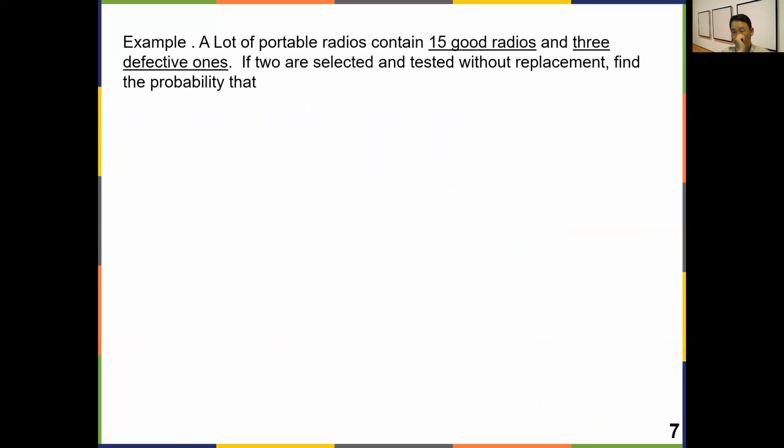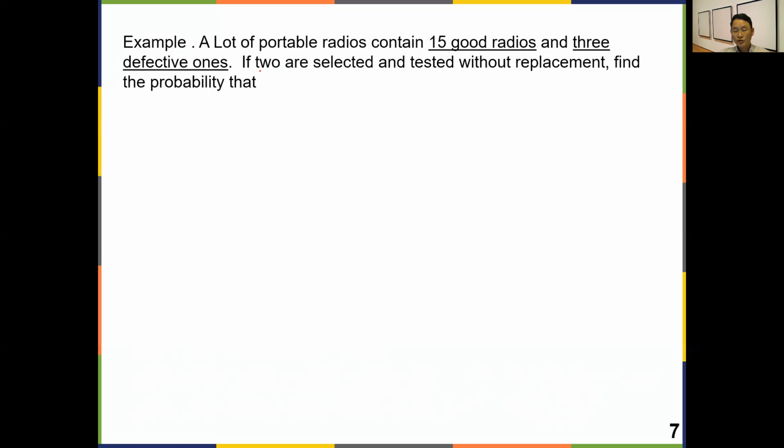Now let's talk about this one. This one is also a very good example. A lot of portable radios contains 15 good radios and 3 bad ones. So altogether 18. You have 15 good ones and 3 bad ones.